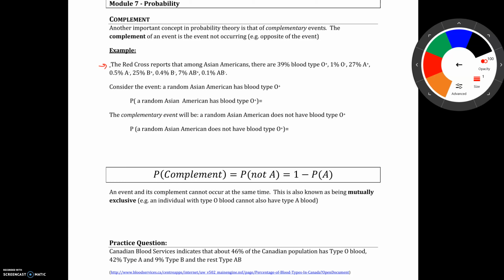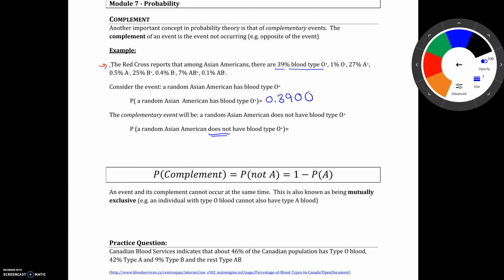Okay, and we're asked to figure out the probability that a random Asian American has a blood type of O positive. So reading through the data, I find out 39% of the population has blood type O positive. So my probability would be 0.3900.